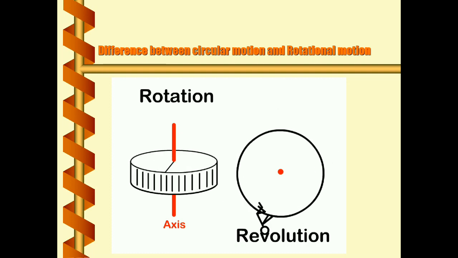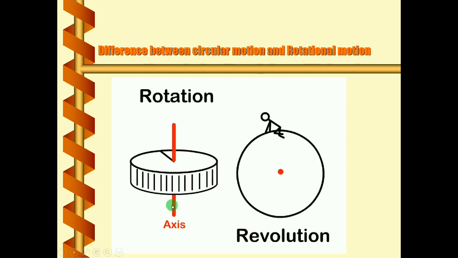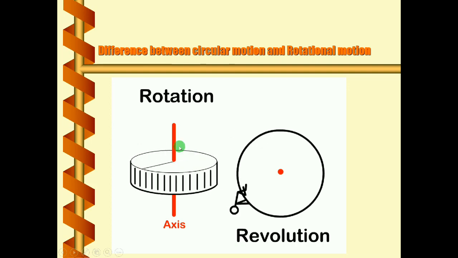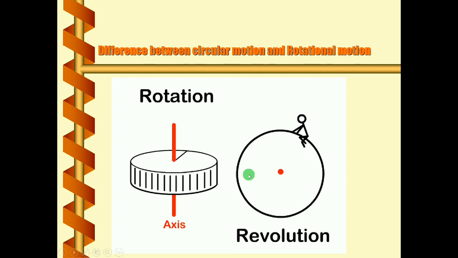You can see here that the object is moving along the circumference of a circle, so this is circular motion. Rotational motion is when an object as a whole is rotating about a certain fixed axis of rotation. In circular motion the object follows a circular path, and in rotational motion the object rotates about an axis of rotation.